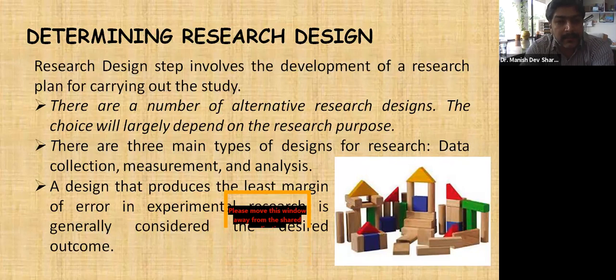There are three main types of designs for research, starting with data collection, measurement, and analysis. A design that produces the least margin of error in experimental research is generally considered the desired outcome.